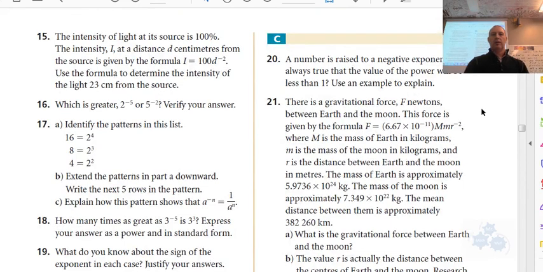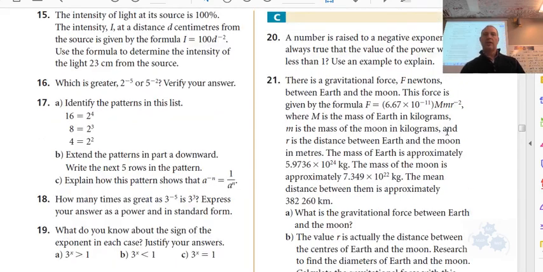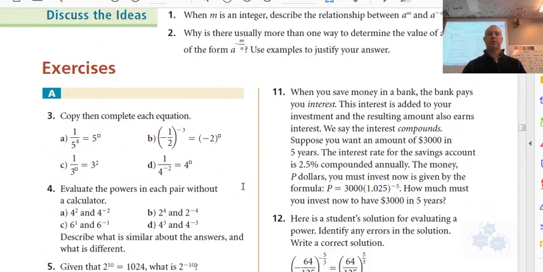You can give any one of these a try just to kind of strengthen your skills here. The ones in the C section are a little bit more challenging. So I would encourage you, if you are doing really well and this is really easy for you, to do some of the C questions, okay? Just to make sure that you're getting challenged, okay? And you can do that on your own. Okay, so there's your assignment again.